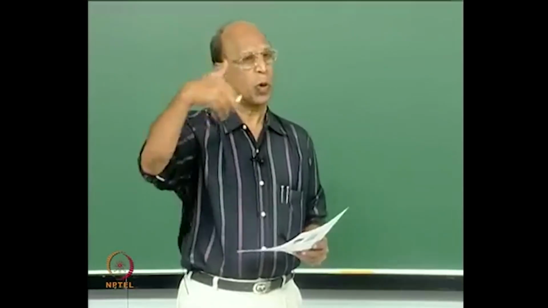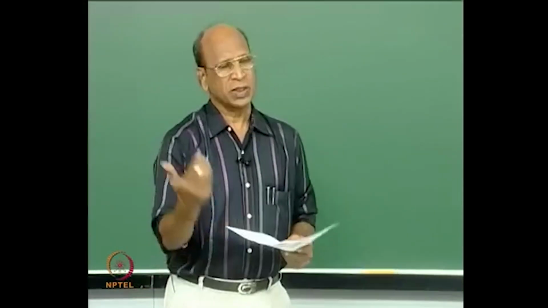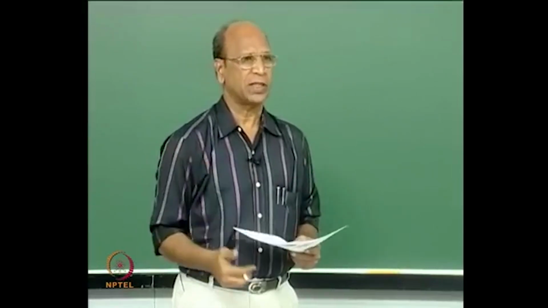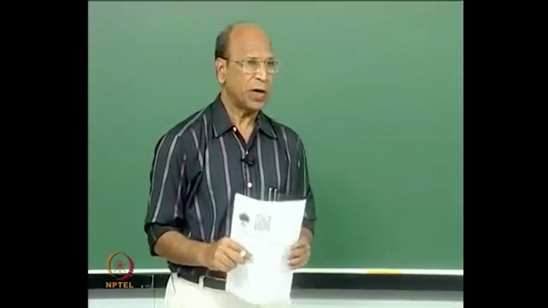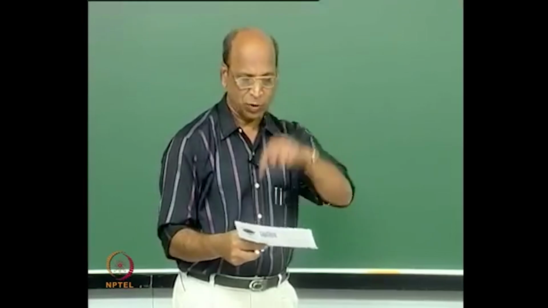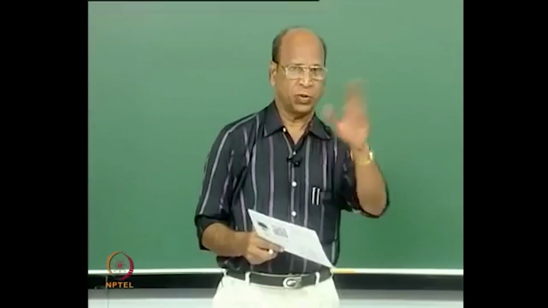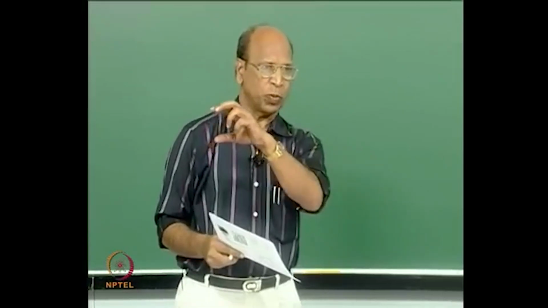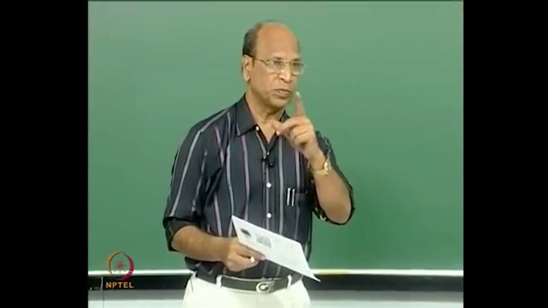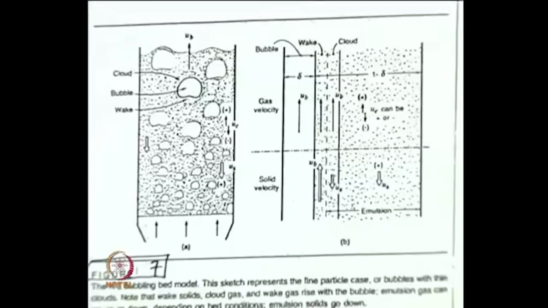Then they also proposed a model which was not very good in terms of prediction, but they never accepted that. In fact, Cambridge University people never accept the Levenspiel model. There are two groups in the world, one is the Cambridge group, another one is the Kunii Levenspiel group.